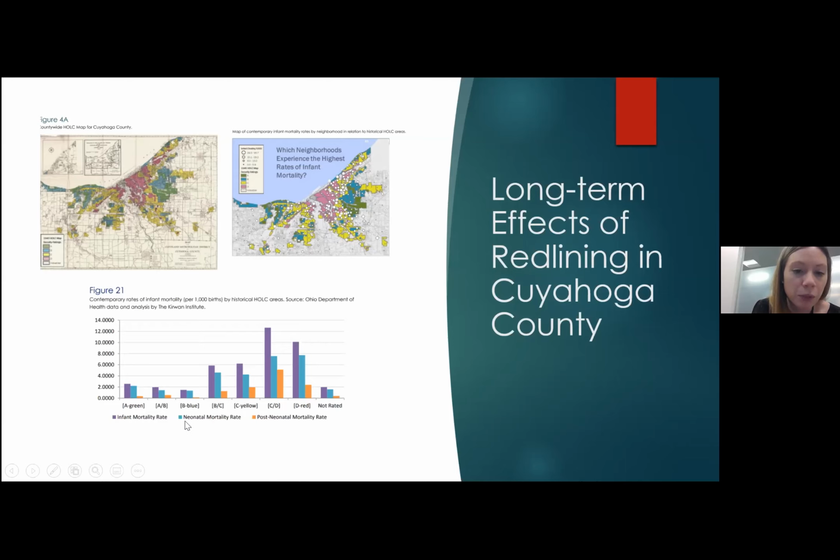And then in blue, you see the neonatal mortality rate, and then the postnatal mortality rate in orange. So this just overall shows that health outcomes in those people living in the areas that were historically redlined are much worse than those that lived in the areas that weren't redlined.